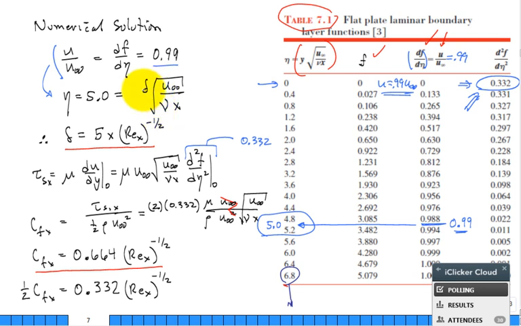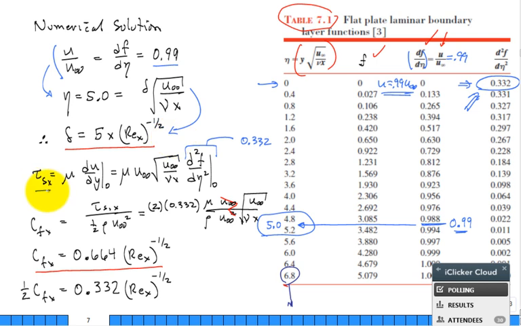I substituted in the definition of eta, where y is equal to delta at that point. The square root, and so on. You rearrange, and what do you get? Underlined in red, the boundary layer thickness is 5x times 1 over the square root of the Reynolds number. That's in the fluid mechanics book, repeated here.